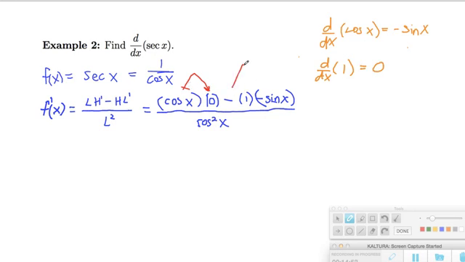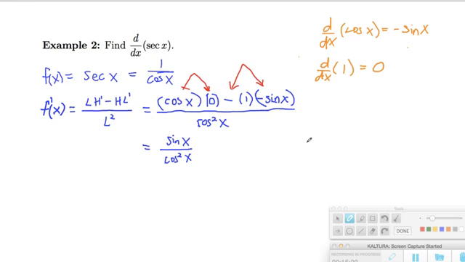And then when you're considering these two, a negative times a negative is a positive. So 0 plus sine x is what's on top, which is just sine x. And this is over cosine squared of x. Now at this point, you have technically found the derivative.